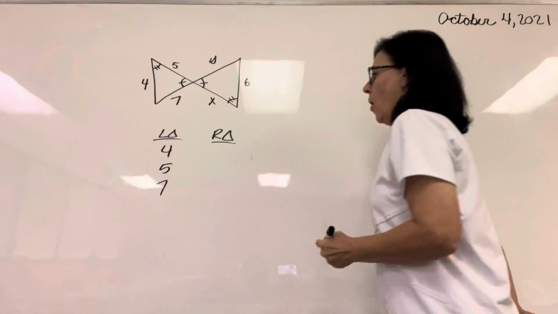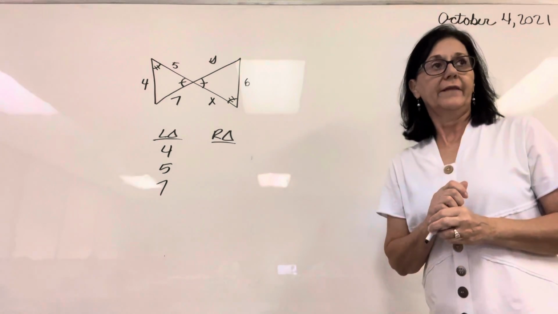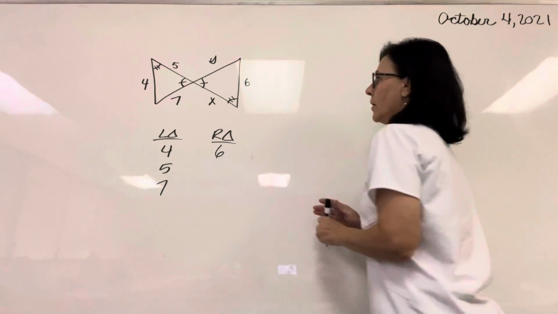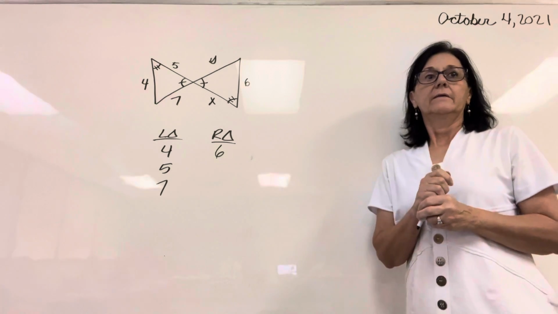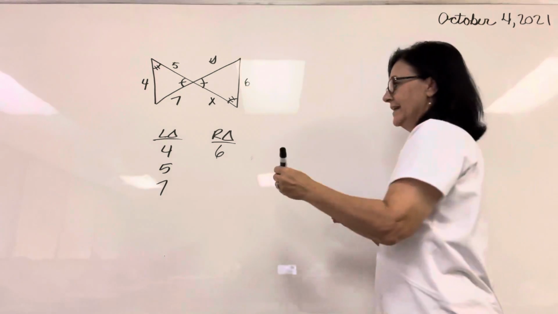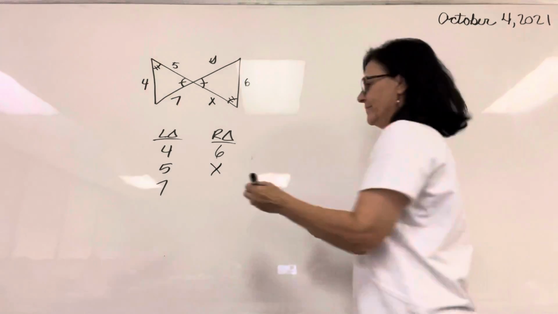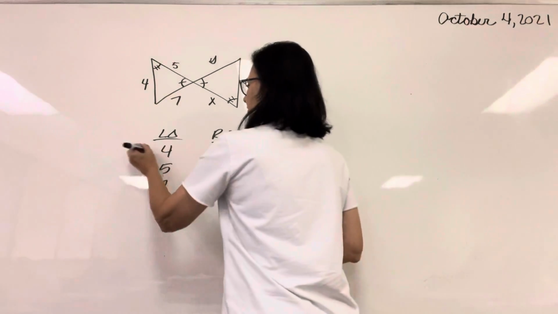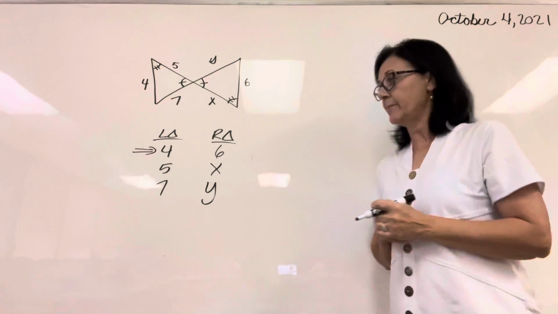They're all given. What side in the right triangle corresponds to the 4 in the left? Ashley? 6. What corresponds to the 5? X corresponds to the 5. What corresponds to the 7? The one that's left, right? Y. Okay, so we are always going to use the 4 and the 6 to solve for both the X and the Y. And you're just going to set up a proportion.